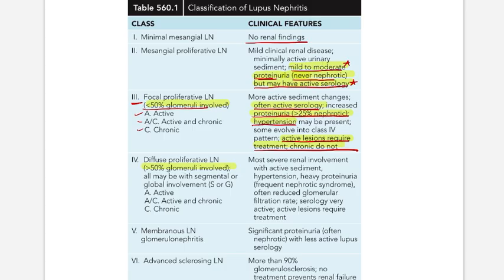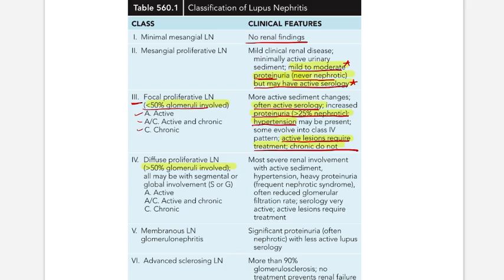Just remember the highlighted keywords. Now we are moving towards type 4, diffuse proliferative lupus nephritis. As we discussed, more than 50% of glomeruli involved is diffuse proliferative, which may be segmental or global involvement. Like type 3, it is classified into active, active and chronic, and chronic. Now see the clinical features.